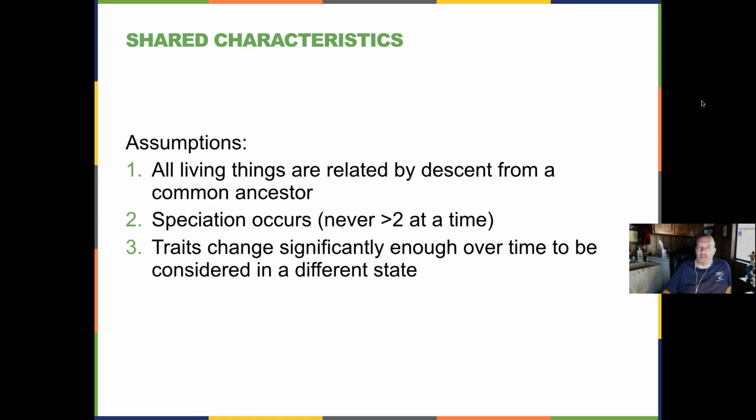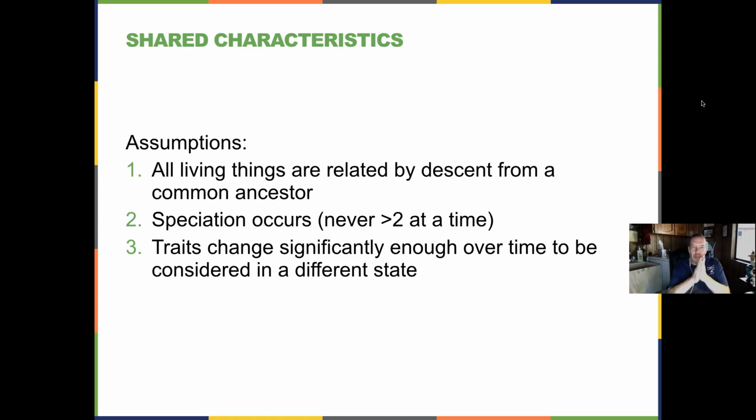And that's that all living things are related by evolution from common ancestors, that speciation occurs, in other words, that living things diverge from each other. One species of living thing can become two different species given time, given changes in their habitat, the conditions they're exposed to, but also never more than two at a time.